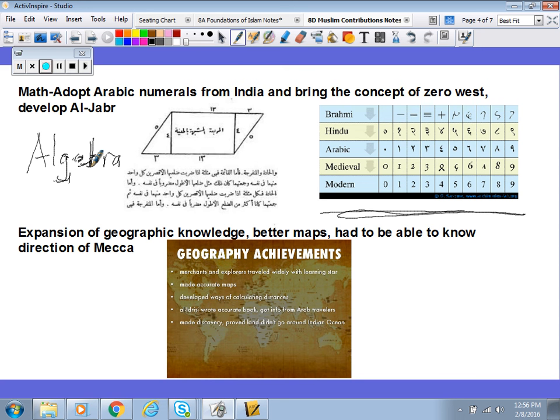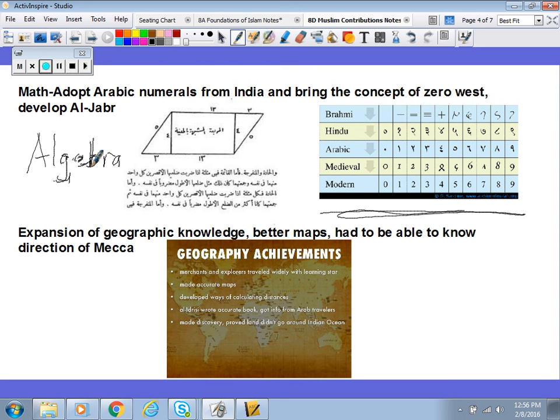Okay, we have an expansion of geographic knowledge. They come up with better maps. We've talked about how the spread of Islam is partially spread by trade. Merchants carrying things over long distances will spread Islam along with them. To travel long distances, you have to have accurate maps. You have to learn how to navigate by stars.